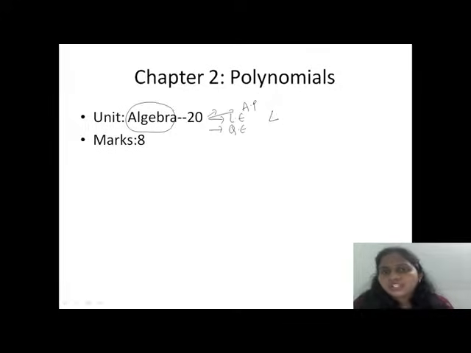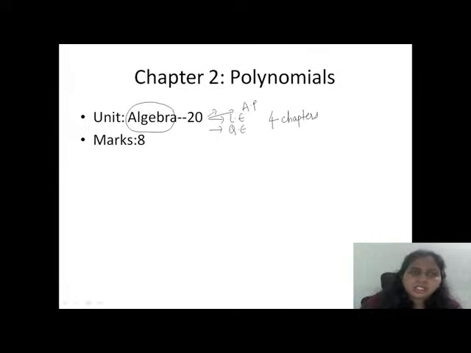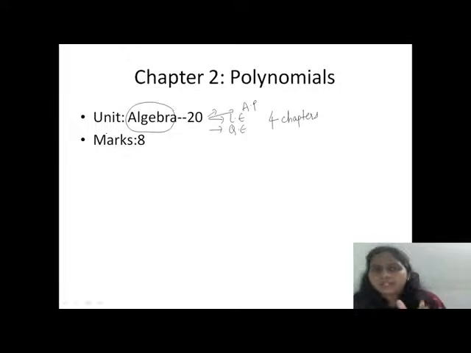Total 4 chapters together make algebra. Among these 4 chapters together, we are going to get 20 marks in our exam from this unit. So I want to take each chapter separately and tell you what kind of questions they might ask you and how to remember the formula and everything.